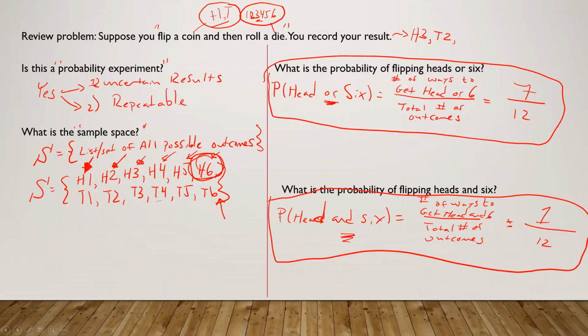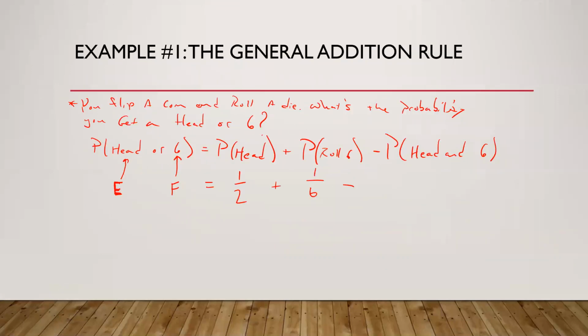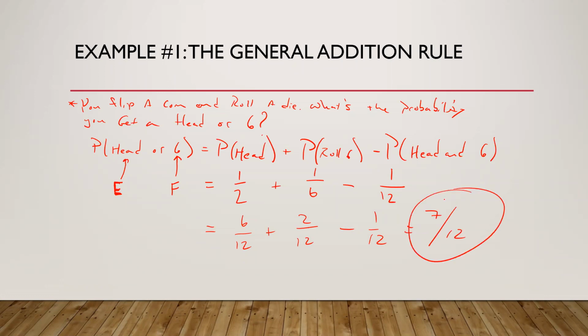We saw that the probability to roll a head and a 6 is 1 out of 12. You just need a common denominator. The LCD is 12. So this is 6 out of 12 plus 2 out of 12 minus 1 out of 12. 6 plus 2 is 8, minus 1 is 7. Wow, look at that. The formula works.